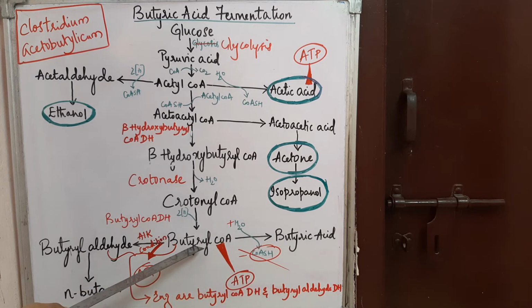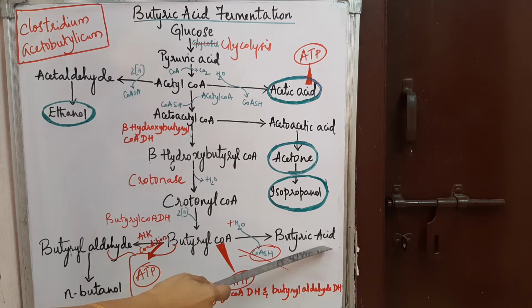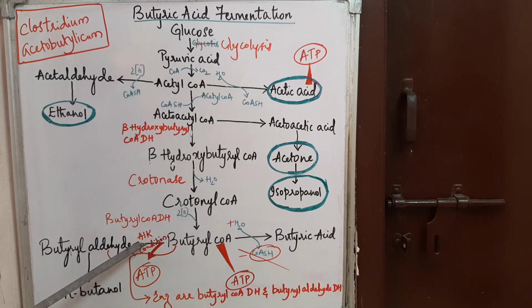And this butyryl-CoA at the same time under alkaline conditions, so here this N-butanol is formed under alkaline conditions. This butyryl-CoA under normal conditions is giving butyric acid, okay? But under alkaline condition, in presence of two enzymes, butyryl-CoA dehydrogenase and butyraldehyde dehydrogenase, it is giving rise to butyraldehyde and further to N-butanol.